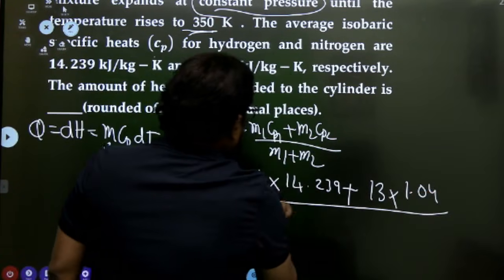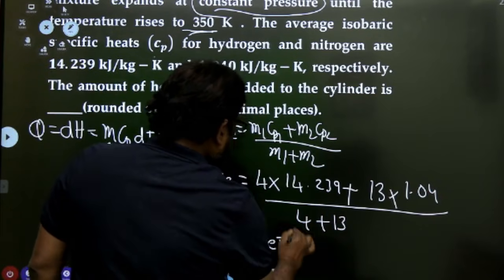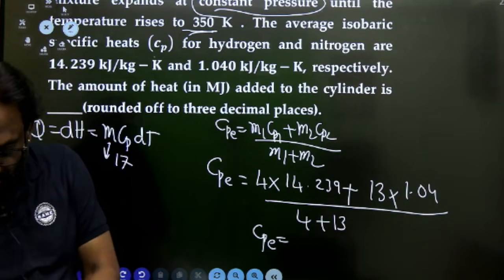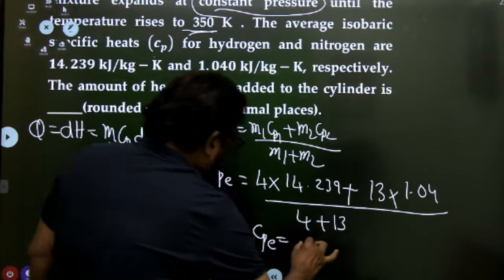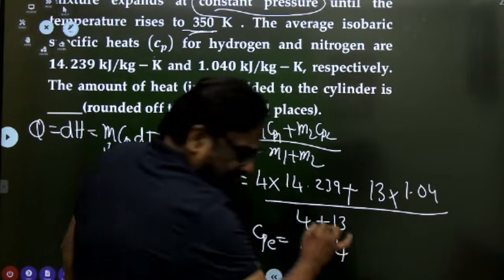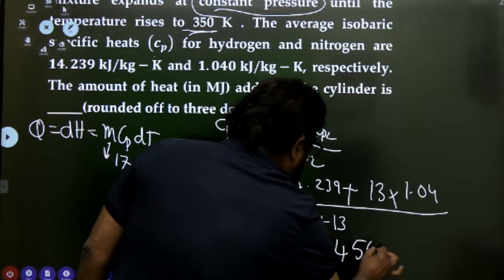The total mass is m1 plus m2, 4 plus 13. From here you can easily calculate the equivalent specific heat. I calculated it, it comes to 4.14565 kilojoule per kg per Kelvin.